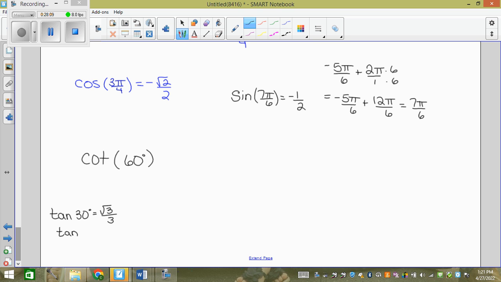Tan of 45 gets me 1. Tan of 60 gets me square root 3. This goes with tan of 60, right? So if tan of 60 is root 3, what's cotan of 60? 1 over square root 3. Multiply by root 3, multiply by root 3, and I get root 3 over 3.